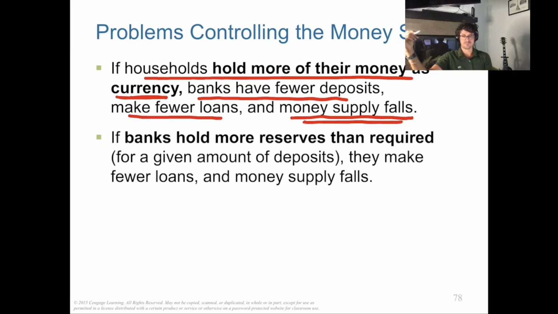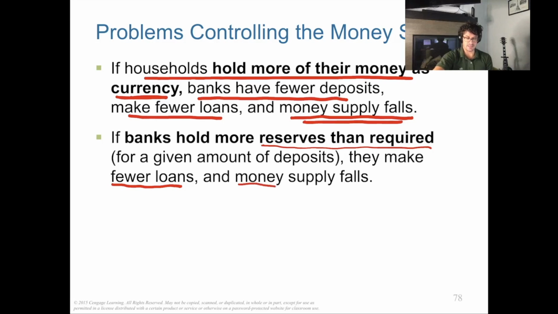so the money supply will fall. Similarly, if banks hold more reserves than what they are required, remember, the Federal Reserve can set the reserve requirements, how many of these reserves are to be put in the Federal Reserve against the deposits. But if for some reason banks want to keep more reserves, then this will mean that they will make fewer loans.